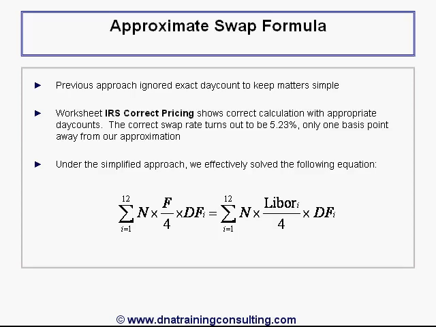Sum of the fixed rate cash flows, each time dividing those cash flows by 4 based on the fixed rate F multiplied by the notional, and in each case multiplying that amount by its appropriate discount factor, DFi, and then summing all of those amounts gives us the left-hand part of the formula, and we set that equal to the sum of the notional multiplied by the LIBOR corresponding to that period, again divided by 4 and again multiplied by its discount factor.